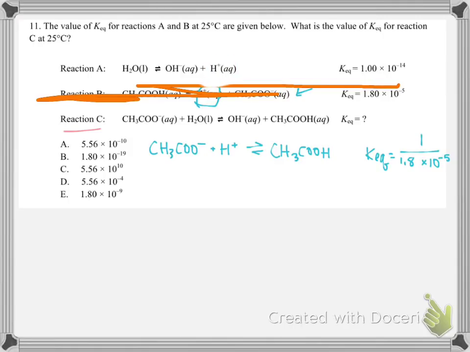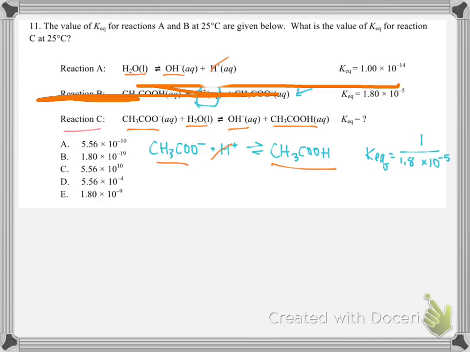Okay, and so now we will have canceled the H pluses. And when we combine them, we'll have the acetate where we need it, the water where we need it, the acetic acid where we need it, and the hydroxide where we need it.